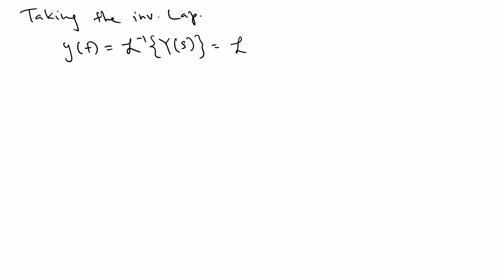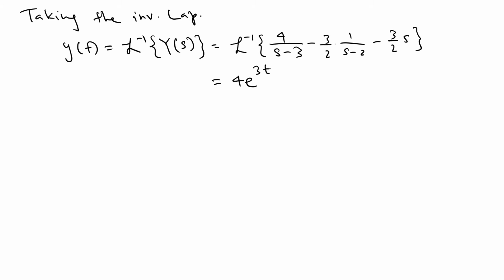I'm going to write this extra step here. So we have 4 over s minus 3, minus 3 halves over s minus 2, minus 3 halves over s. So once you take the inverse, you simply end up getting the first one. The first one is 4 e to the 3t, because it's the opposite sign, so negative 3 becomes positive 3.